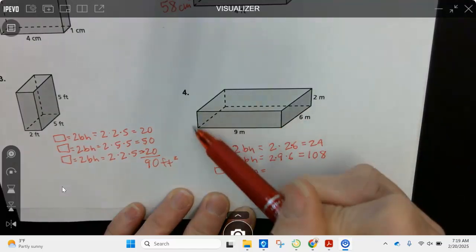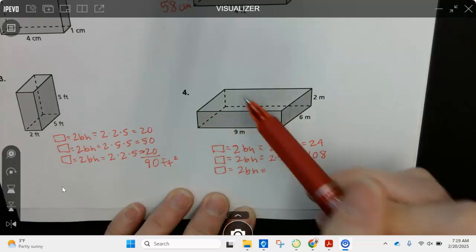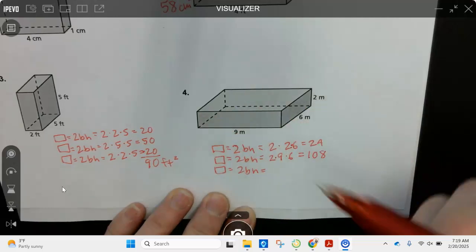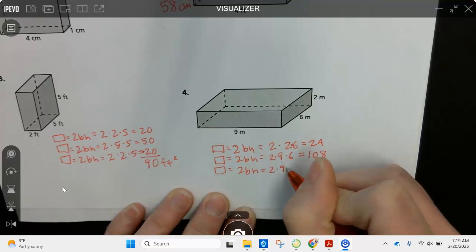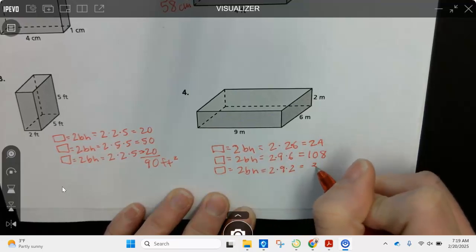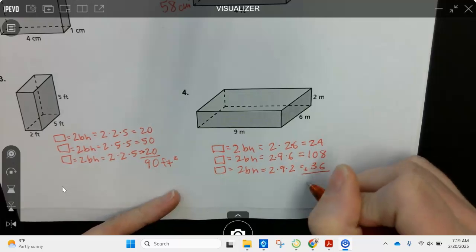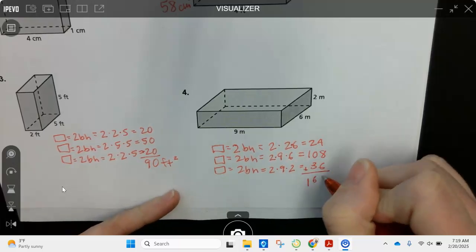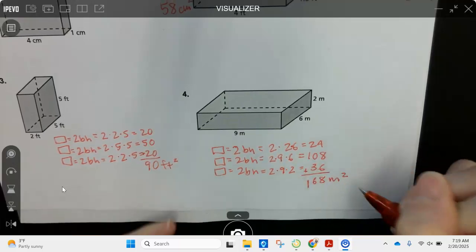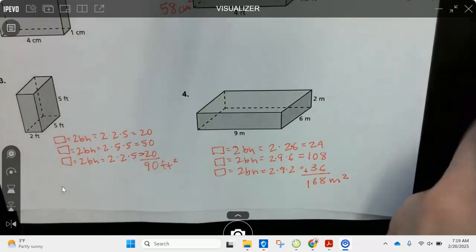And then we still have the front one and the back one to do. So 2 times 9 times 2 would give us 36. And if we add all those up, we end up with 168 meters squared. So make sure you have all those notes written down.